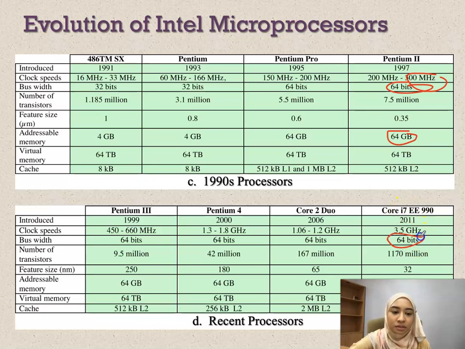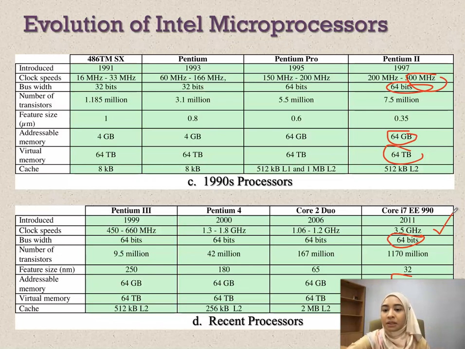We were still using 64. This was retained actually, and then the memory was still 64 terabytes. From the 1990s to the 2010, I wouldn't say there was much of a hike except for the clock speed.